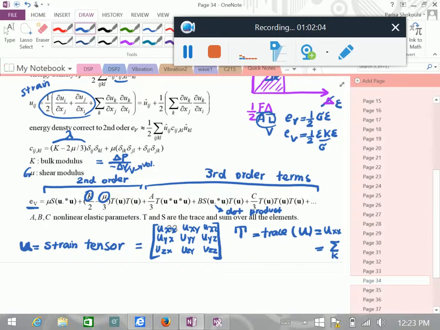Okay. Now, when we go to third order, we need, of course, more parameters to describe the behavior. And those A, B, and C are the so-called third order nonlinear elastic parameters.